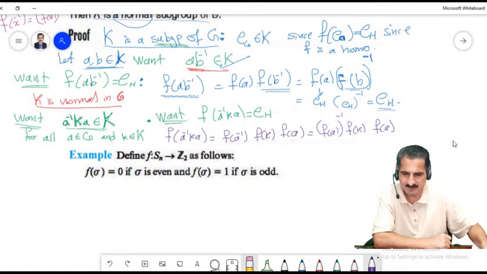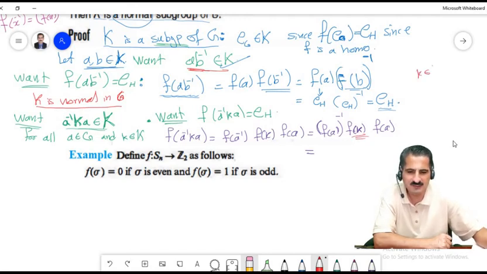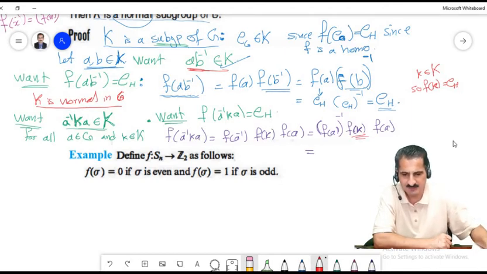Let's see what's happening here. Where is small k from? Small k is from the kernel, right? And so f of k is the identity of H, because this element is from the kernel. So this one equals the identity of H.